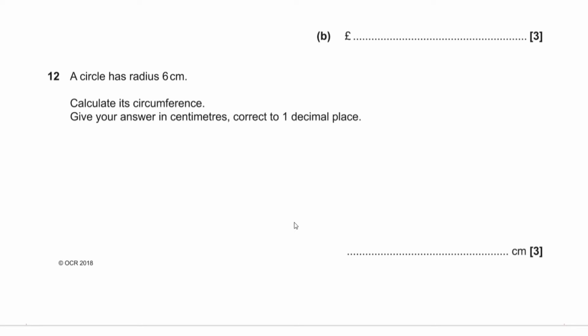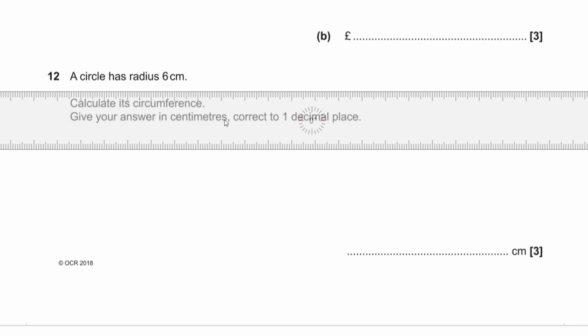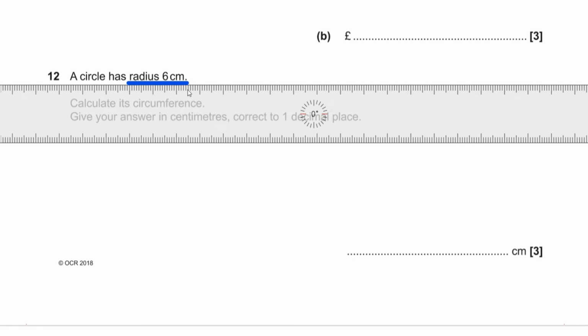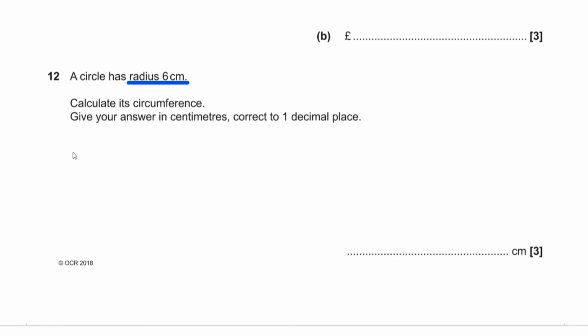Question number 12. A circle has a radius of 6. We have to calculate its circumference to 1 decimal place in centimeters. So, we've got this radius of 6. So the circumference, C, is equal to 2 times pi times 6.